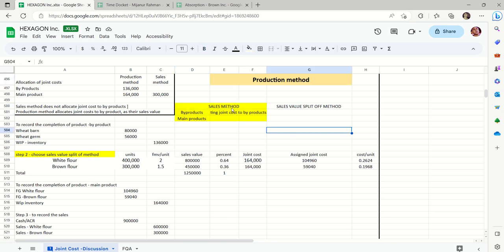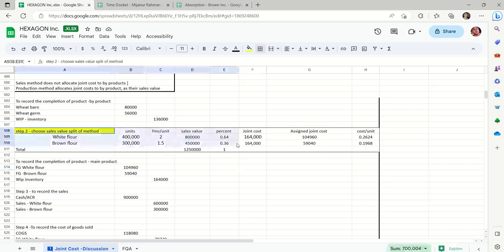I'm trying to demonstrate there's a significant difference between the sales method and the sales value split-off method. Once we allocate the cost to the byproducts, or byproducts and main products, and then we use the sales value split-off method. Okay.